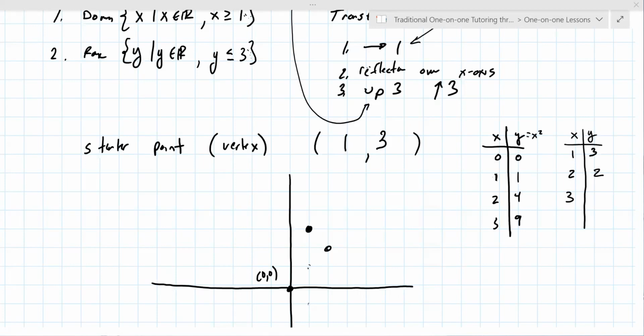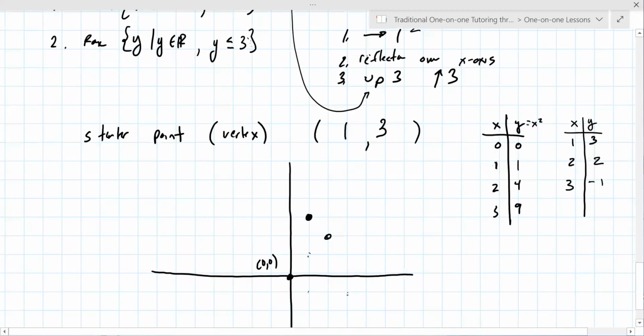But the other point, you need to negate it, move it over this axis, and then add 3 to it. So 4 becomes negative 4, and then you add 3 to it, so it becomes negative 1. So that's down here. So hopefully you start seeing that looks like that. That's the graph there.